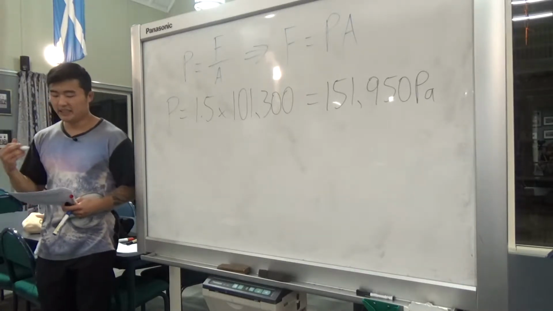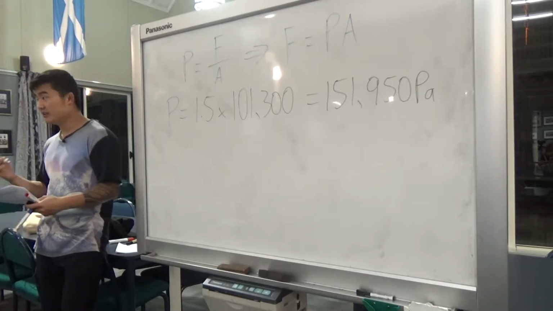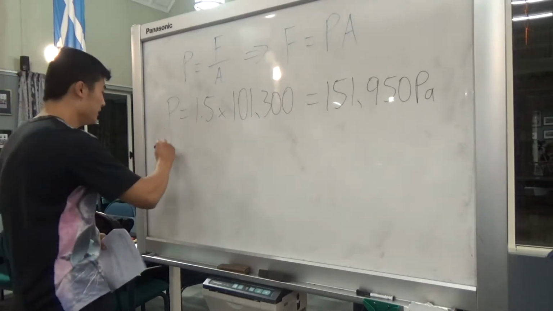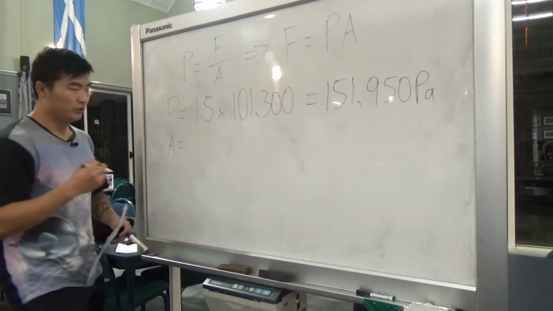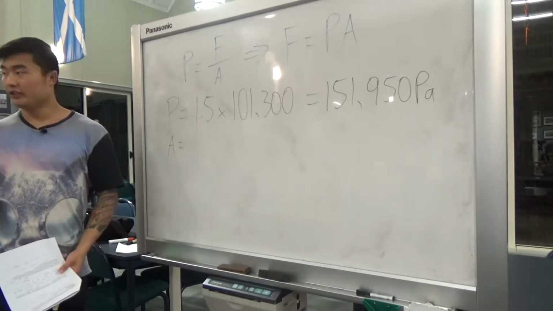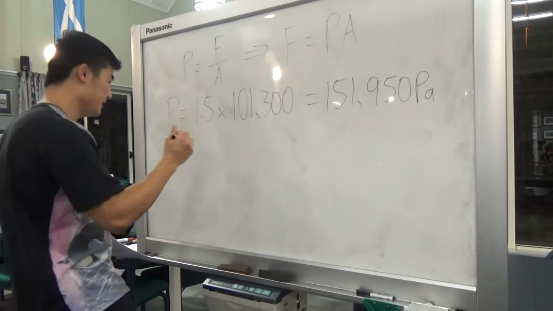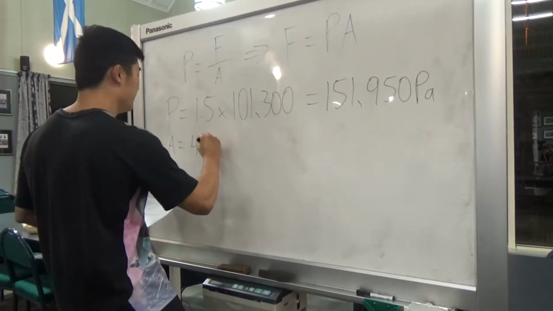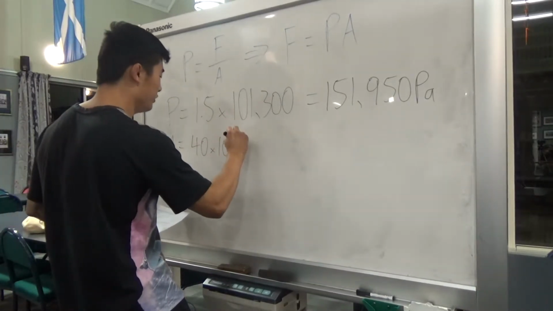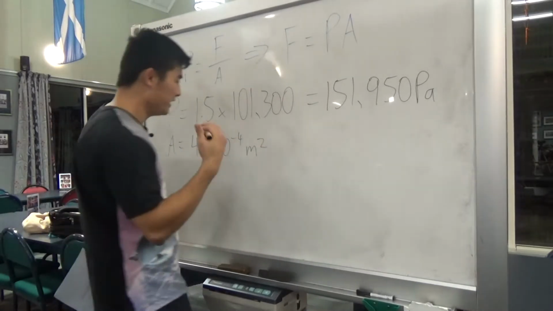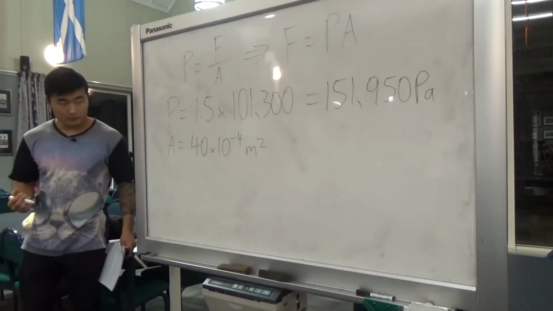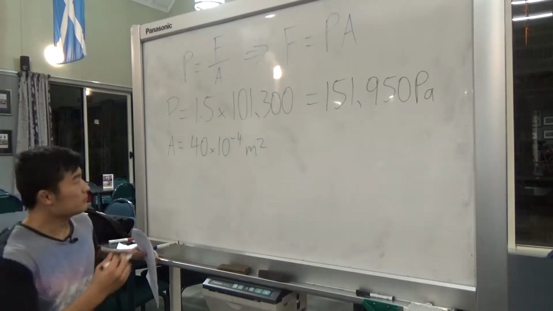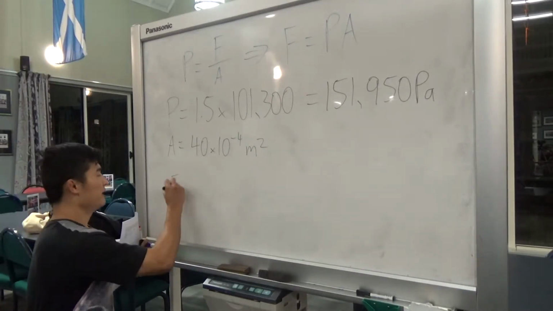And the area is being given to you in centimeters squared, so that has to be in meters squared. So area, centimeters squared will be 10 to the negative 4 times 10 to the negative 4. So we're going to go 40 times 10 to the negative 4 meters squared. Okay. So now we can put our numbers in.